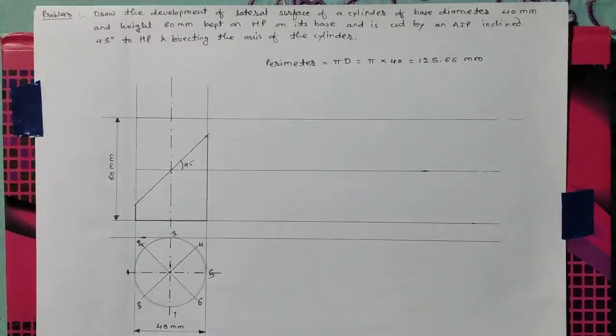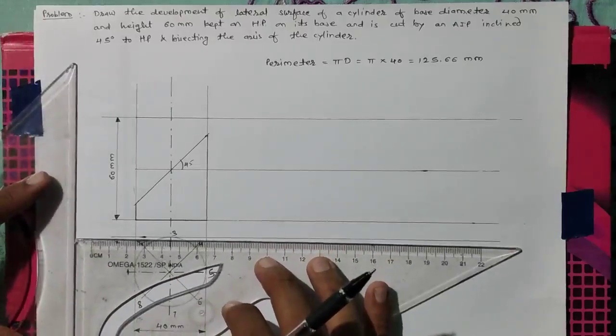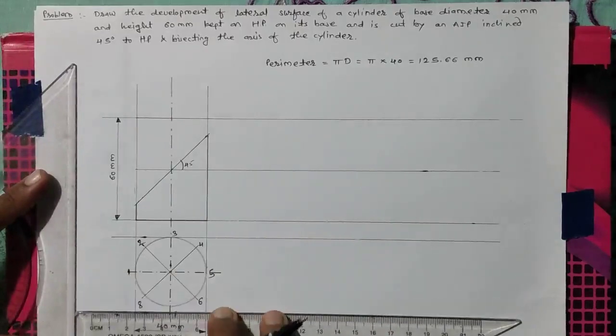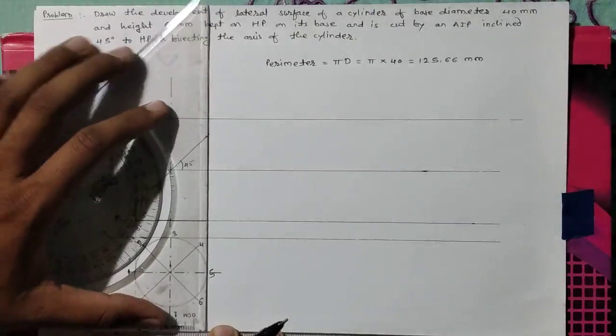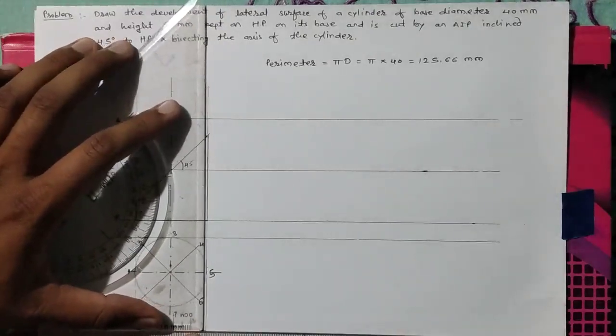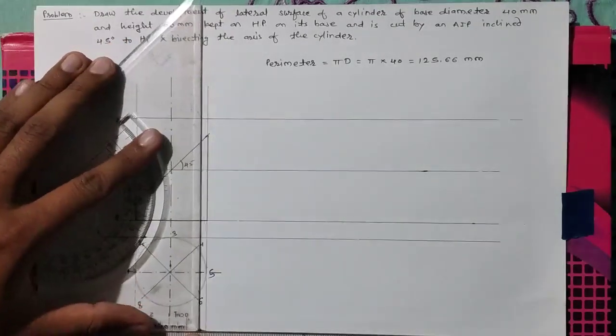All the points which are divided on the circle should be projected in the front view. We are going to project all these points in front view. You can use a drafter or set square for this drawing. We have already taken the projection of point 5.